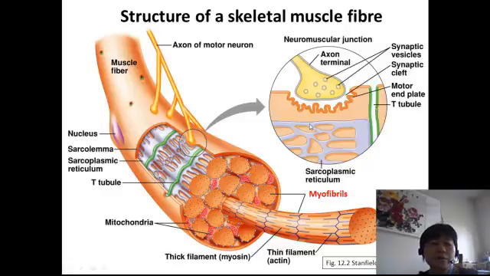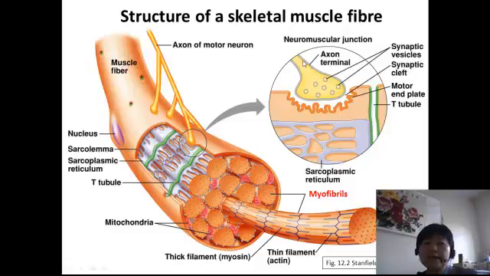We also have mitochondria in between the myofibrils, and the sarcoplasmic reticulum is storing calcium. So these are the structures that are related to the function.